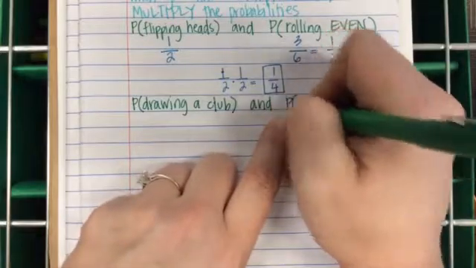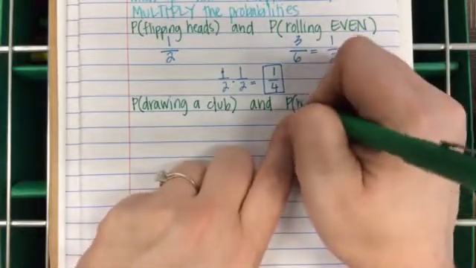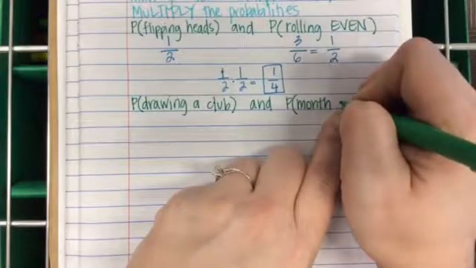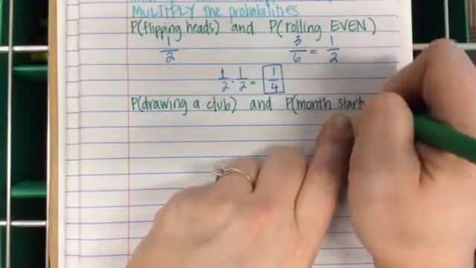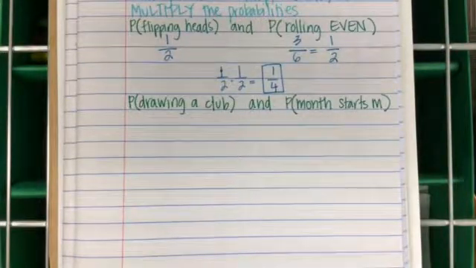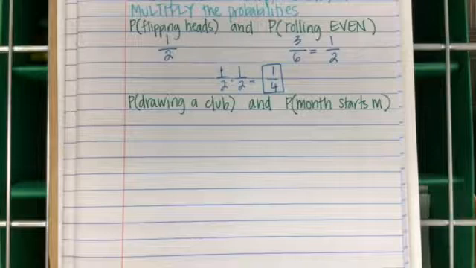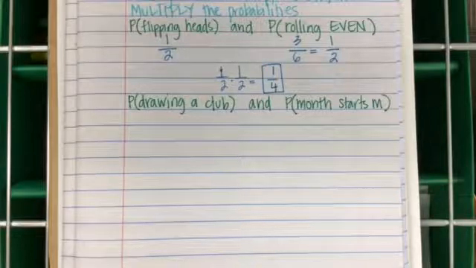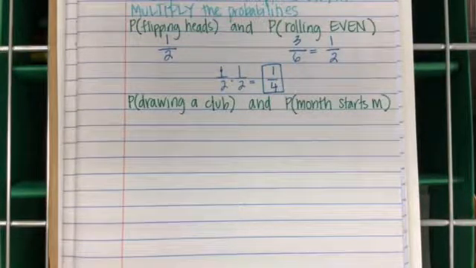And the probability of a month that starts with M. The probability that if I had a deck of cards, you'd get a club, and the probability that you would pick a month that starts with M.